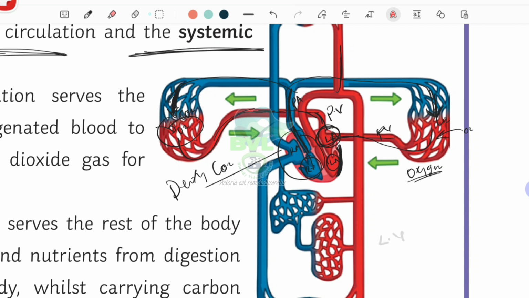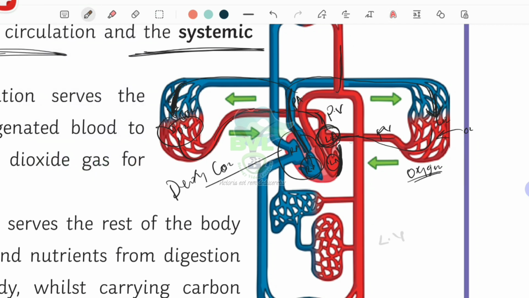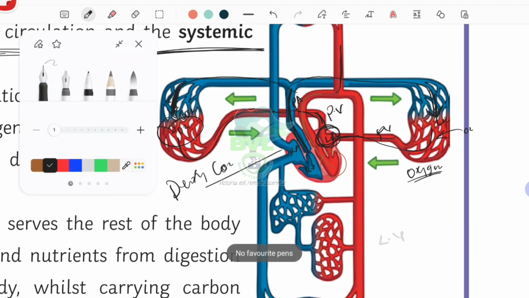On the other hand, I think I should use another color now. Systemic circulation will start from here, the left ventricle. So blood is pumped from the left ventricle through the aorta around the whole body. I think that color is not good enough. I should use black.